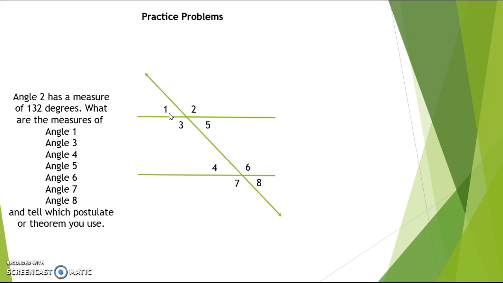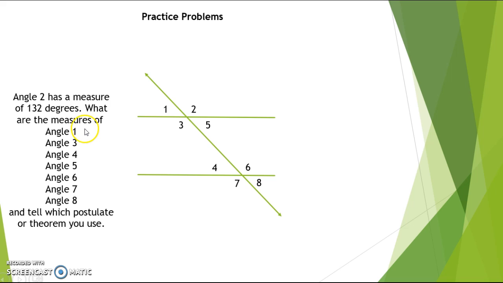Right, for the final practice, we're given angle 2's measure. If angle 2 has a measure of 130 degrees, what are the measures of angle 1, angle 3, angle 4, angle 5, angle 6, angle 7, and angle 8?